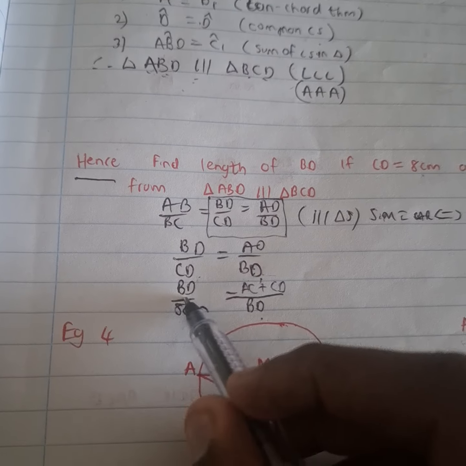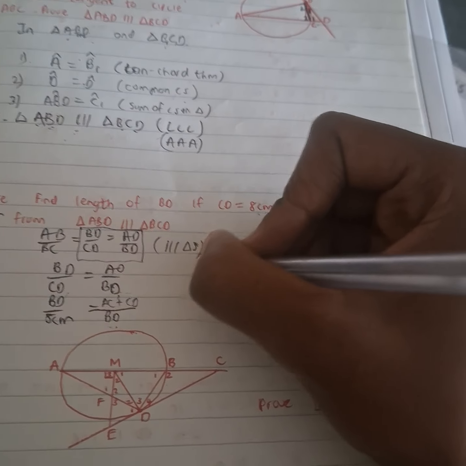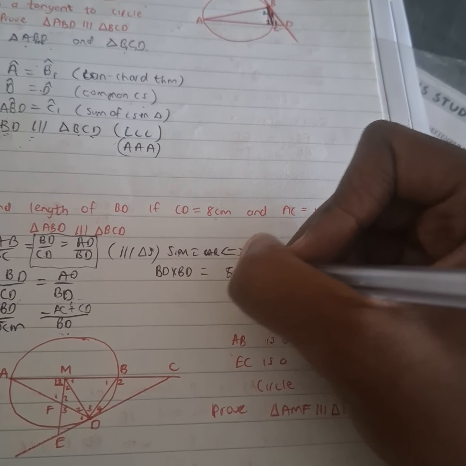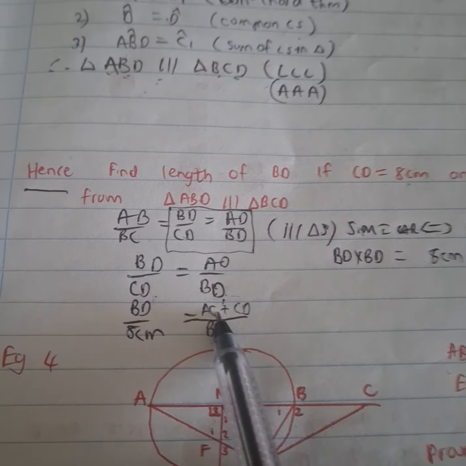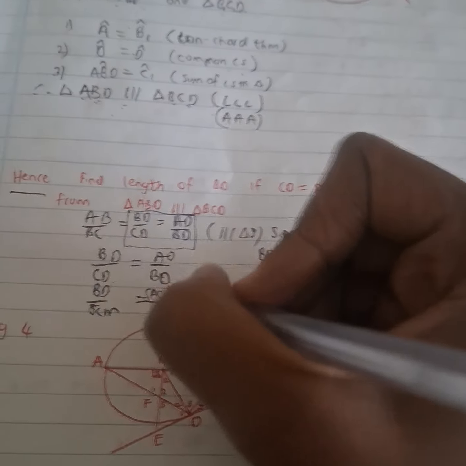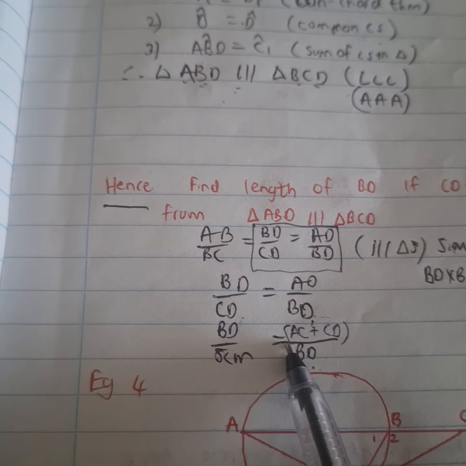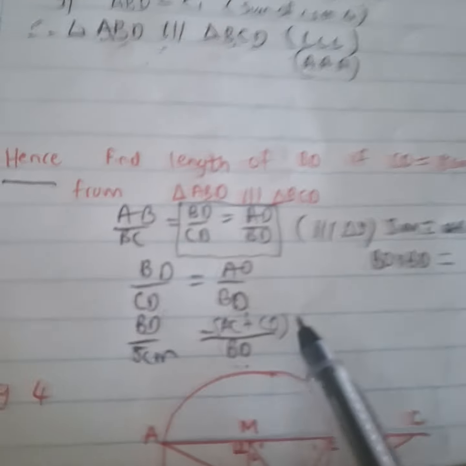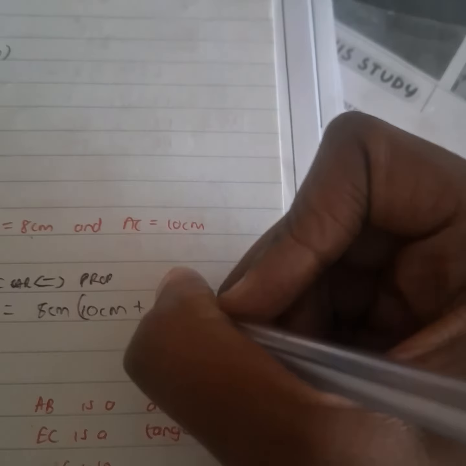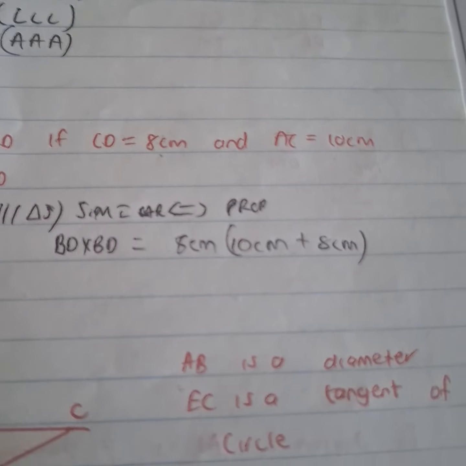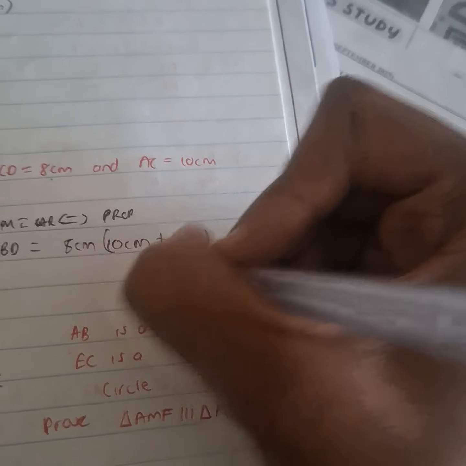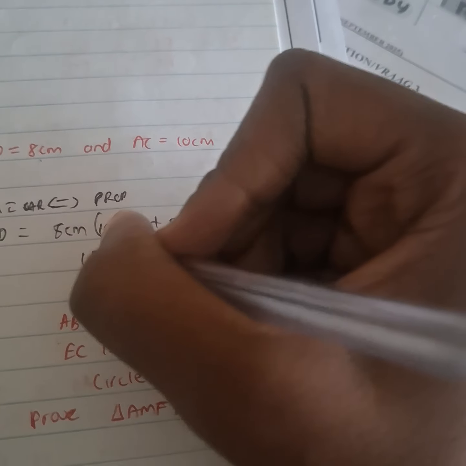Now this BD and this BD will cross multiply, so we're going to have BD times BD is equal to 8 centimeters times AC plus CD. Now AC, remember what did we say? AC we know is 10, and then CD is 8. Then 10 plus 8 is 18 centimeters, which we are going to multiply with 8.